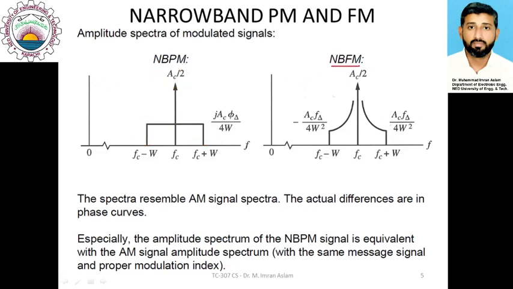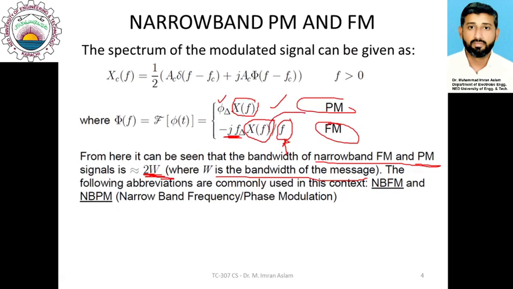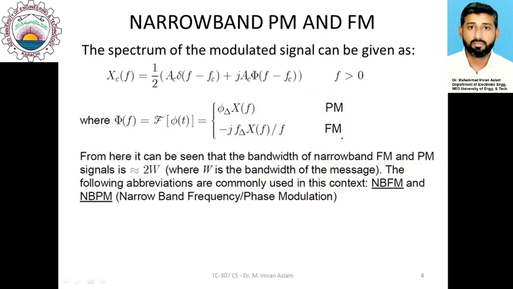For the case of narrowband FM, we have this spike of the carrier, which is represented as an impulse. However, the spectrum is somewhat different from the narrowband PM because of that division with the frequency, which is illustrated here. You can see that the division with the frequency is needed for the FM spectrum.